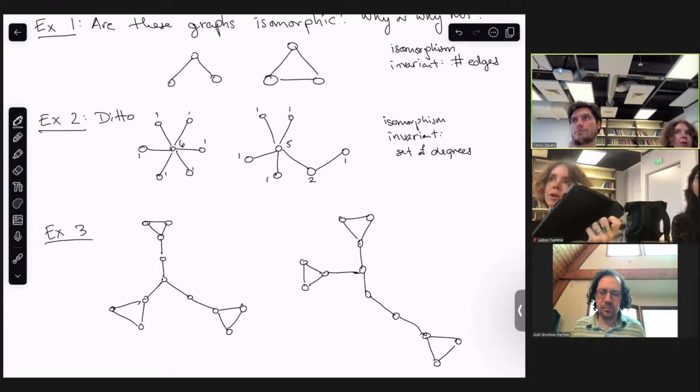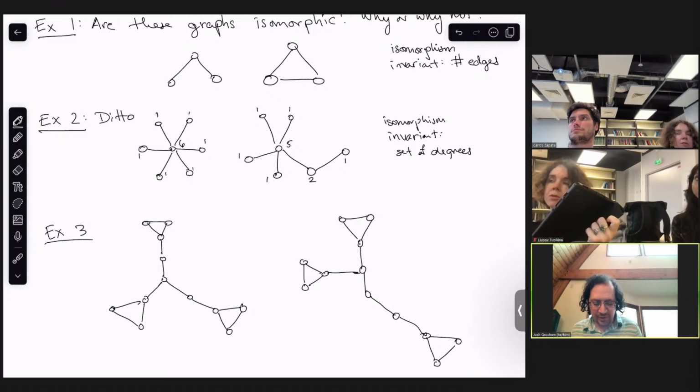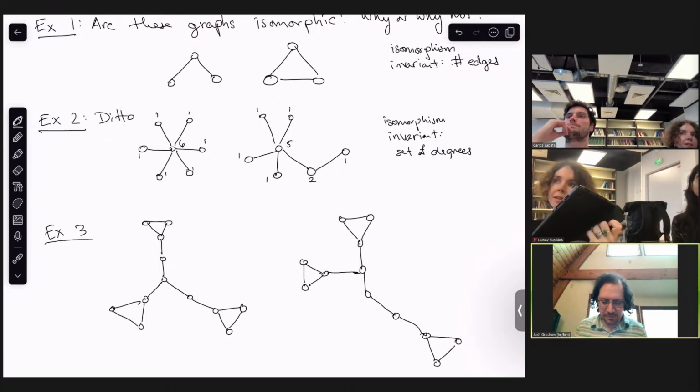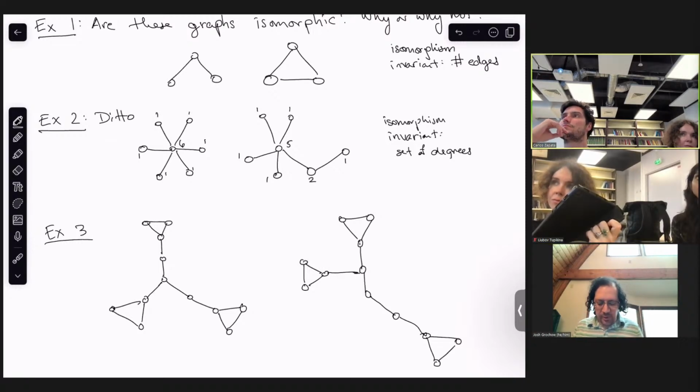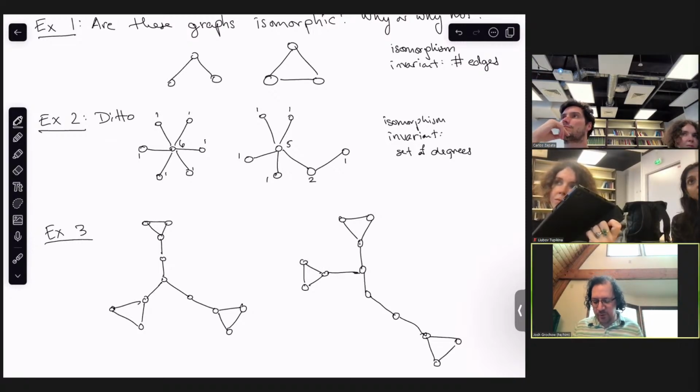You can go on the motifs or ensembles of this. Combinations, yeah. If you look at only small subgraphs, you can't tell them apart yet because both of them have 3 triangles.